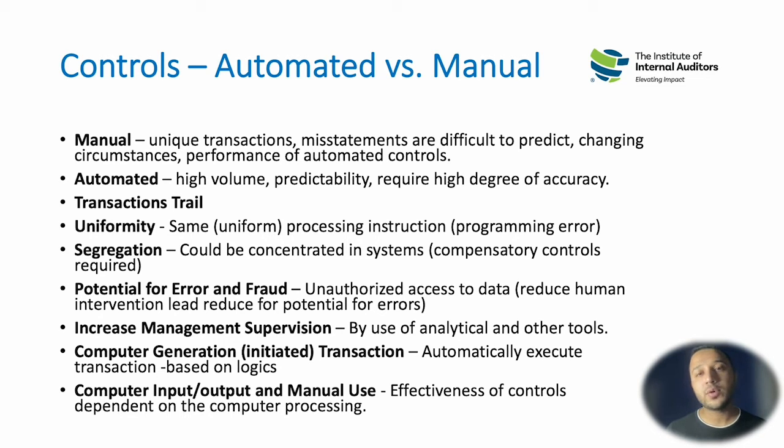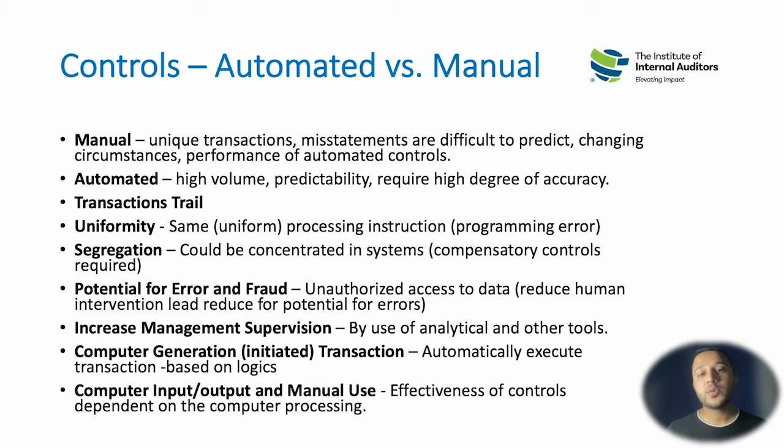Potential for error and fraud: automated controls are always recommended because there is less potential for error and fraud. However, cyber attacks, system penetration and unauthorized access could be the domain where we have to put more emphasis when we talk about automated controls.